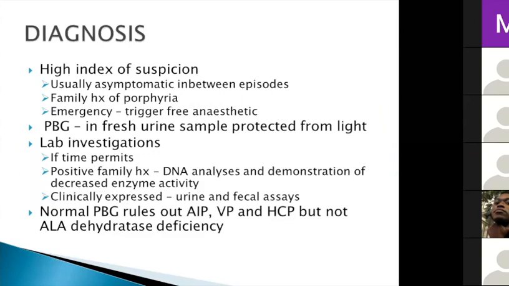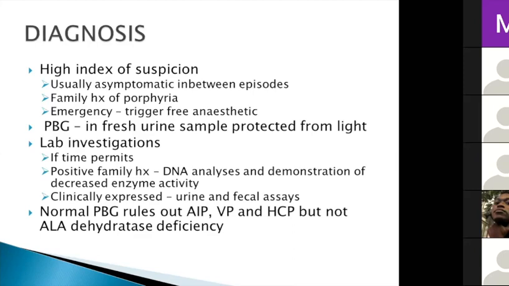In terms of diagnosis, we need to have a high index of suspicion in these patients because most patients with porphyria are asymptomatic. So we need to take a very detailed history. We need to take family history of porphyria, but this may not be helpful because most people are asymptomatic for the rest of their lives.